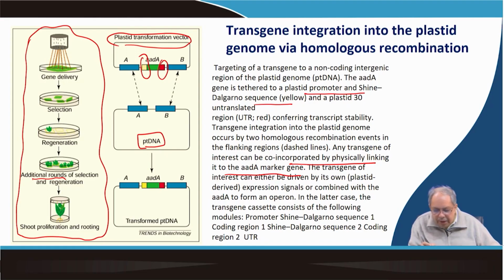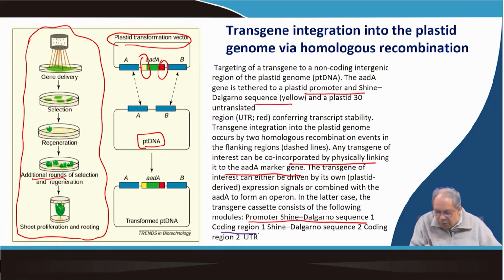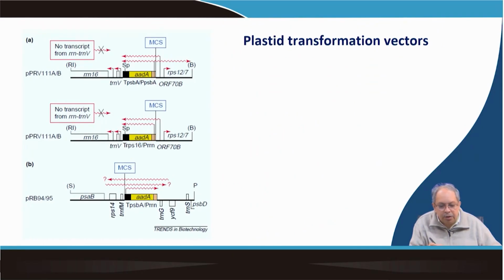The transgenic cassette to be constructed should consist of a promoter, Shine-Dalgarno sequence 1, then coding region 1, then Shine-Dalgarno sequence 2, and then coding region 2 and UTR. In that way the genes are constructed. Here what I am showing is typically a vector.